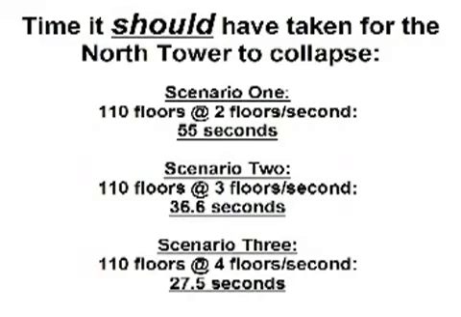And finally, in scenario 3, had 4 floors failed each second, the whole tower would have taken 27.5 seconds to collapse. Thus, we see that there are differences of between 17.5 and 45 seconds from the time of the actual collapse of the North Tower and the time a collapse due to a true structural failure should have taken.